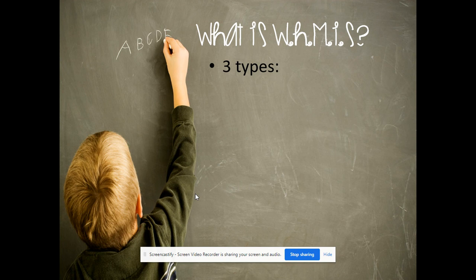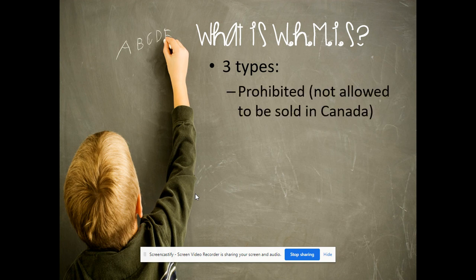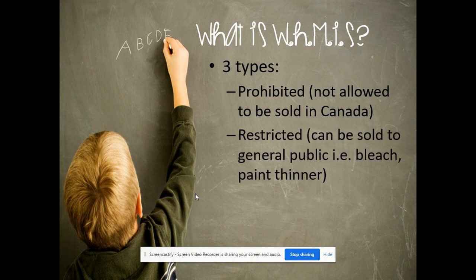So there are three types of products that it regulates. One are things that are prohibited. Okay, so prohibited, and I'm writing along just with you, are not allowed to be sold in Canada. Okay, the next one is restricted. Okay, and this can be sold to the general public. It's what you find when you go to the grocery store.